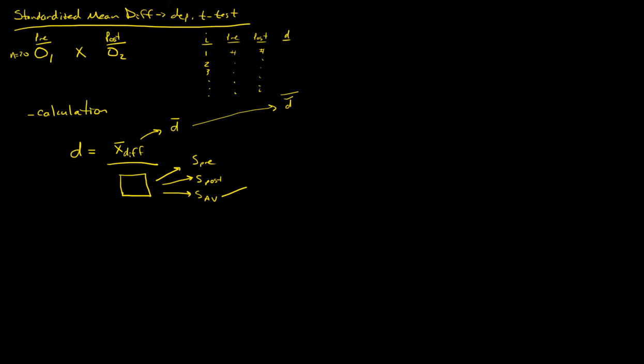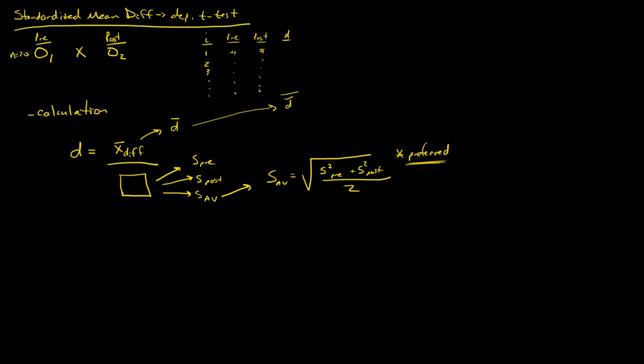This would be calculated as S average, the square root of the variance of the pre plus the variance of the post, divided by 2. That would give you the average standard deviation. This actually might be the preferred way of doing it.